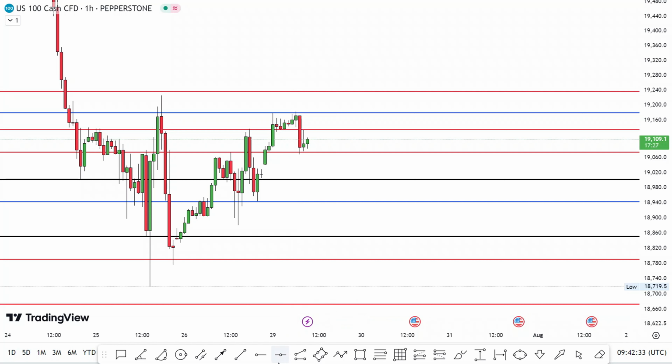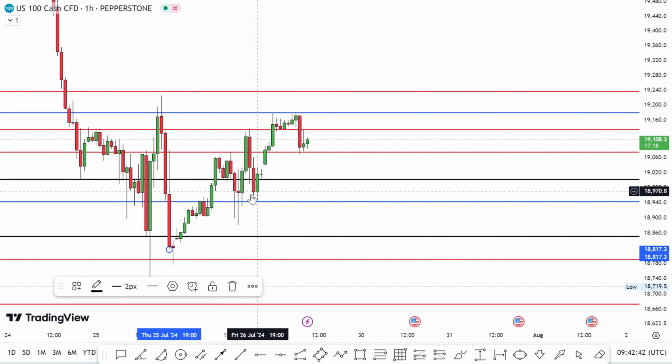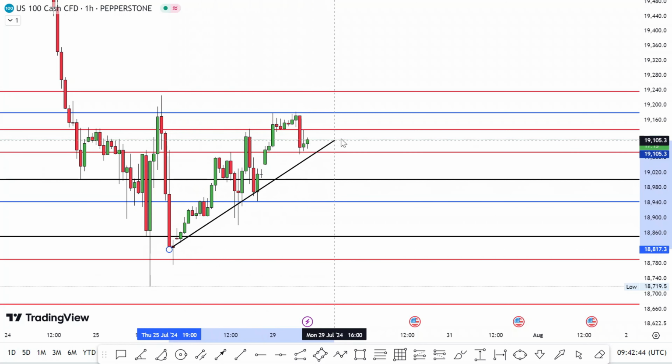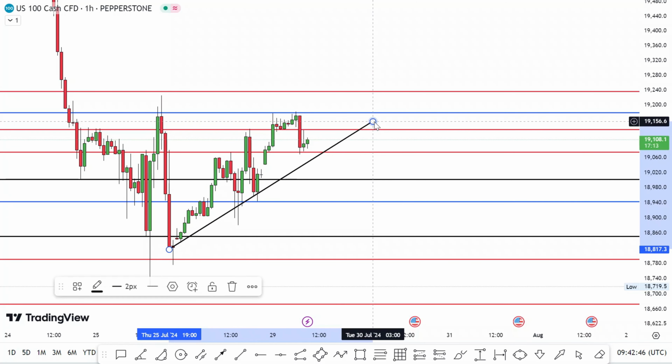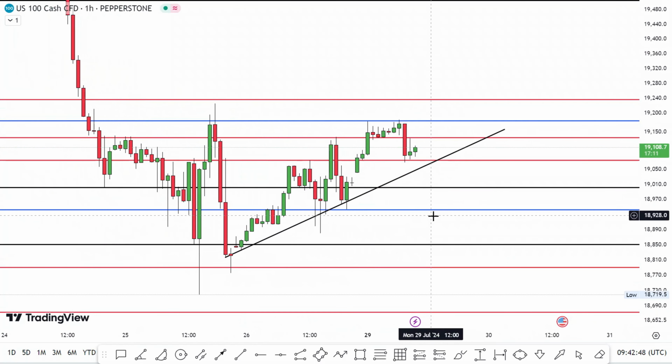So we have this support and resistance. Now, looking at this chart, we need to look for the trend line. Where is the market currently moving at this particular time? We can draw a trend line from this particular place.